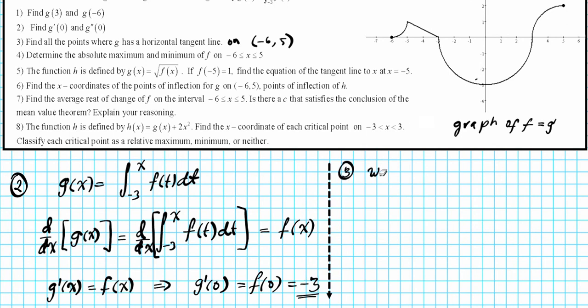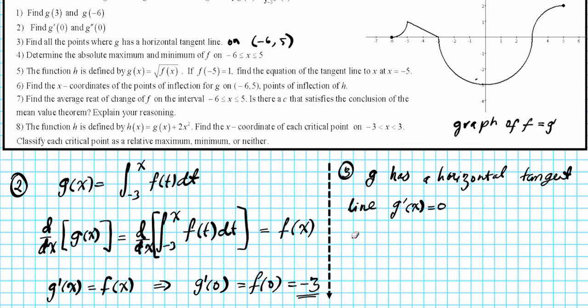let's say g has a horizontal tangent line when its derivative, the instantaneous rate of change, g prime of x, is equal to 0.